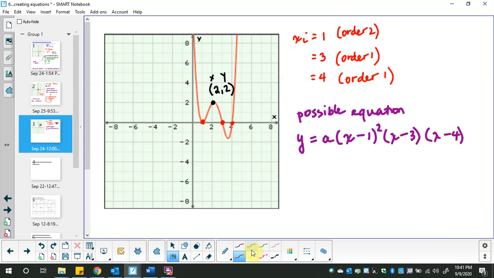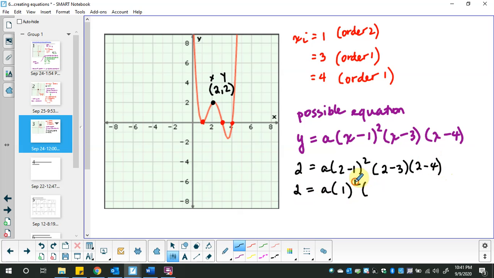So now I'm going to take my 2, 2, 2, 2, and put it in for all the values. So 2 in for y, 2 in for x. Oh, I think it's going to happen again. So 1 squared is 1 times 2 is 2.